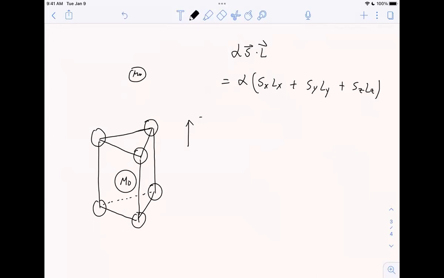Let's define this direction as the Z, because this trigonal prism gives you the mirror symmetry.